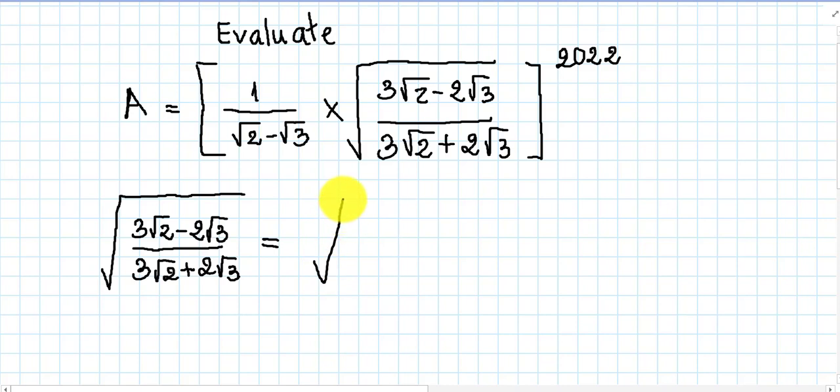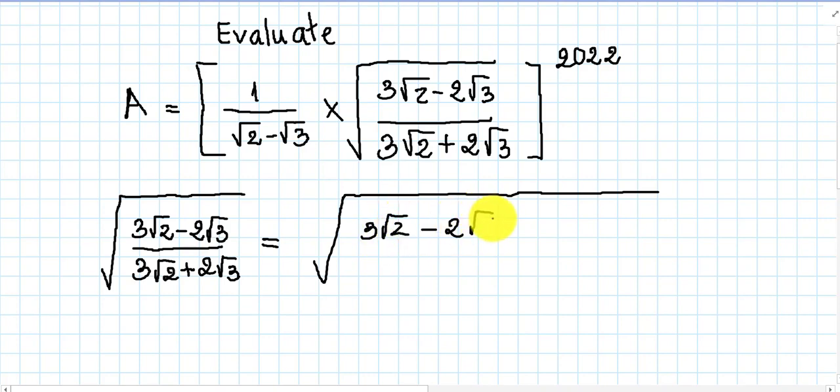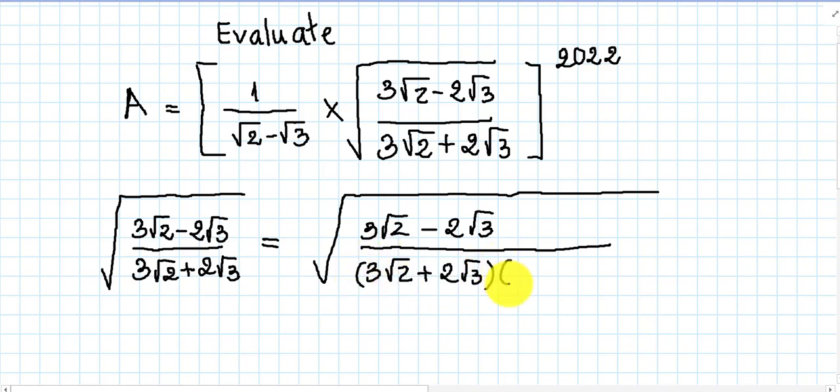We multiply it by 3 square root 2 minus 2 square root 3.